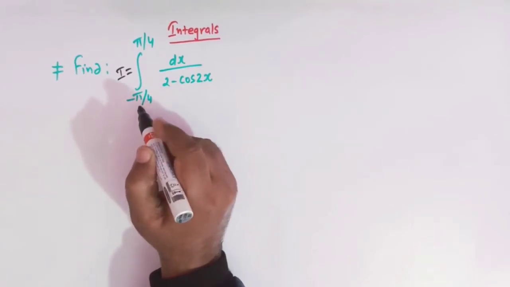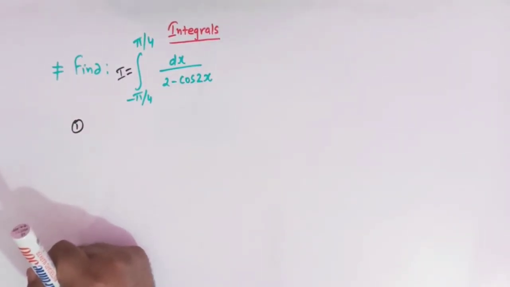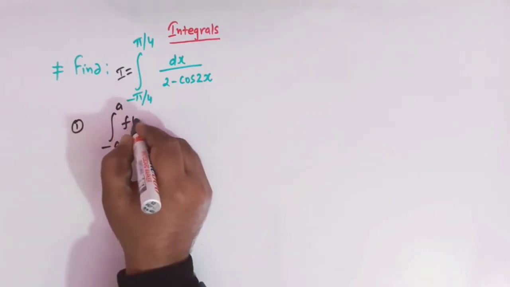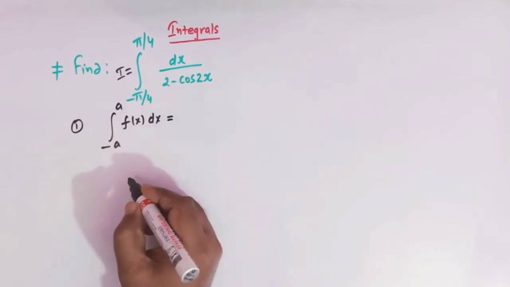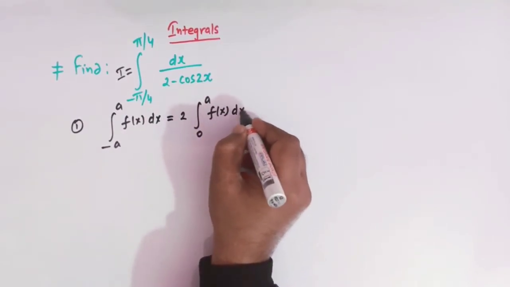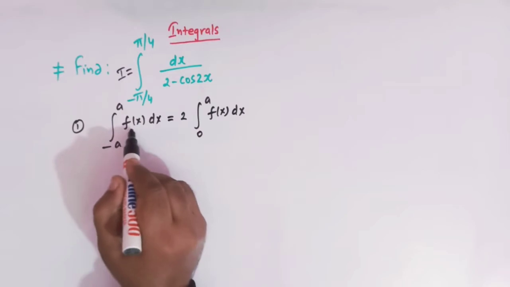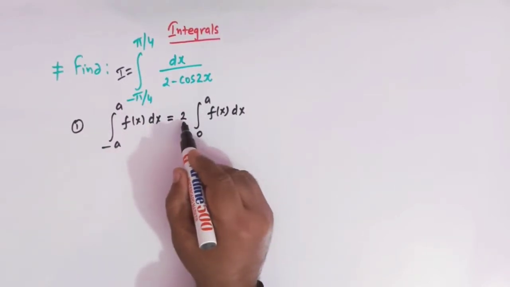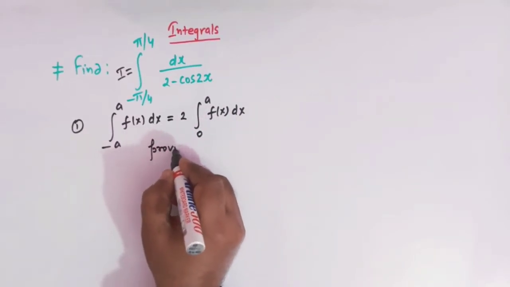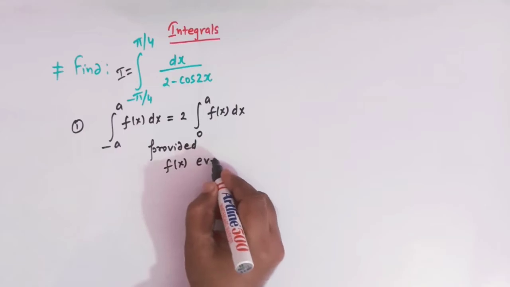First of all, we'll make use of an important property from definite integrals, which is that the integral from minus a to a of f of x dx is equal to 2 times the integral from 0 to a of f of x dx, provided that this function f of x is an even function.